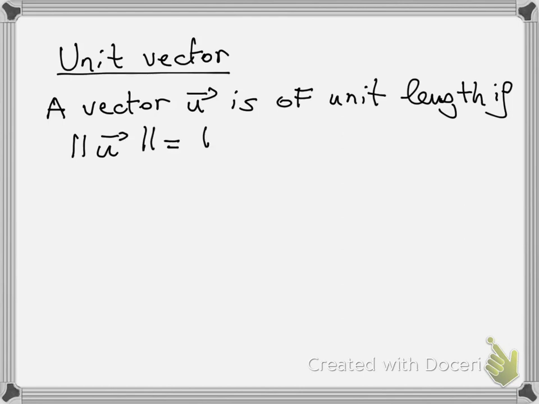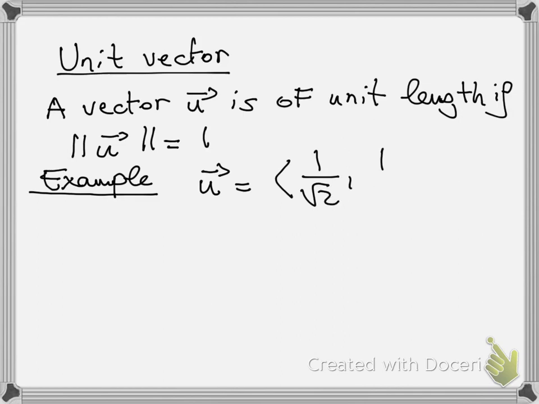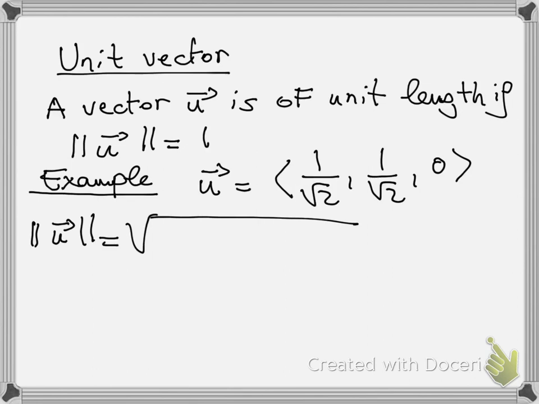Okay, so for example, let's say the vector u is equal to 1 over square root of 2, 1 over square root of 2, and 0. So what will be the length of u? It's the square root of 1 over square root of 2 squared, plus 1 over square root of 2 squared, plus 0.